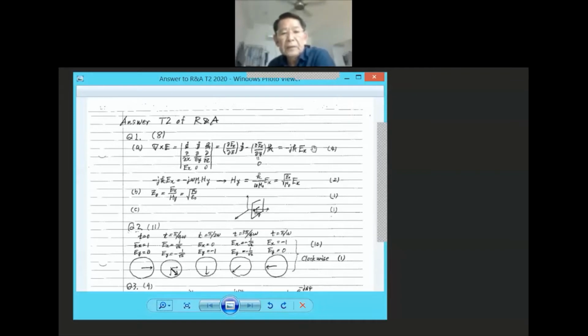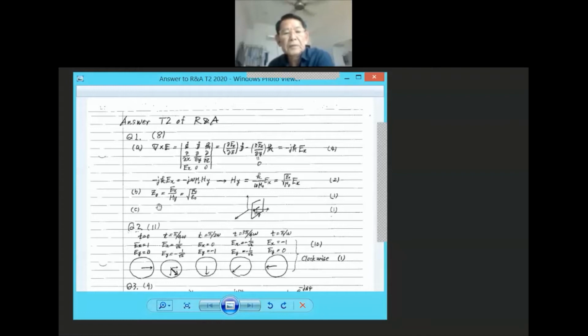So this is the Y component. So the H field also becomes the Y field. So this value equals this value. So the Y component of the H field from this equation becomes this one.